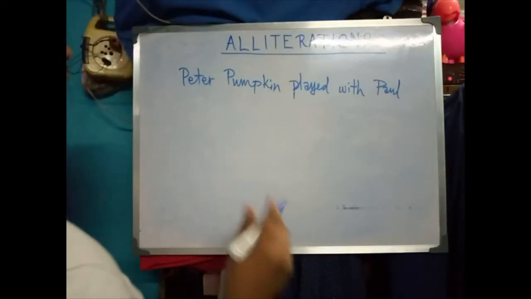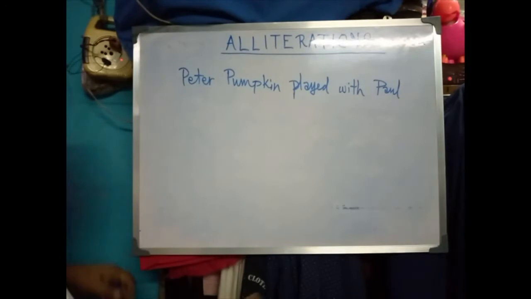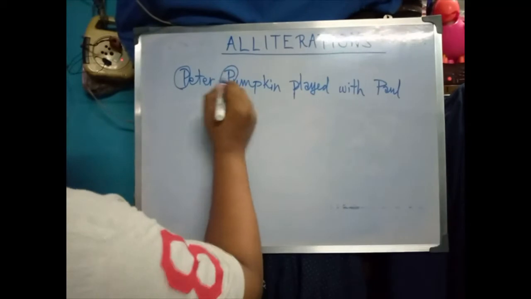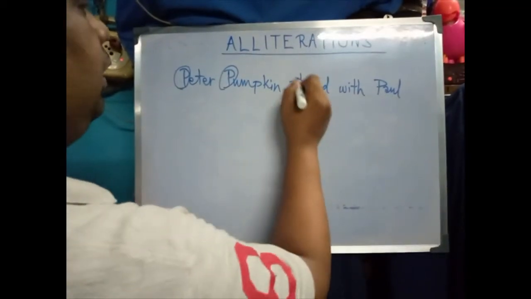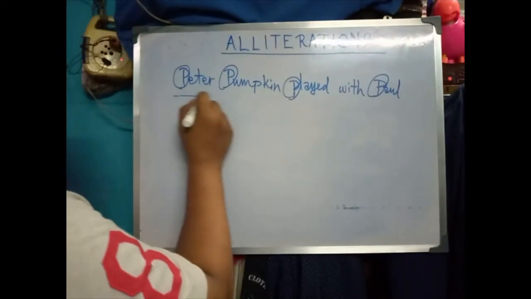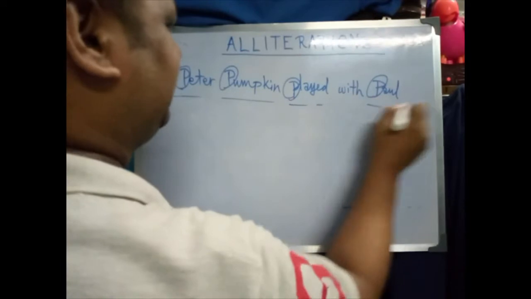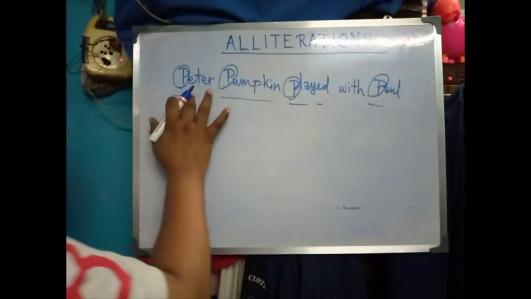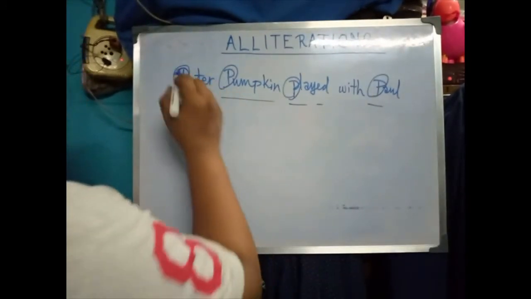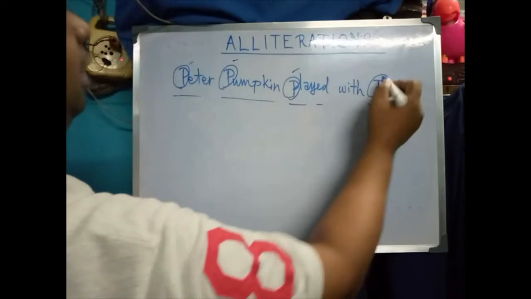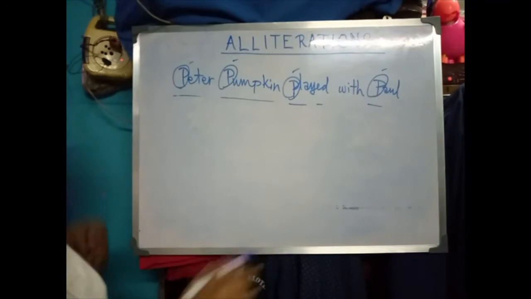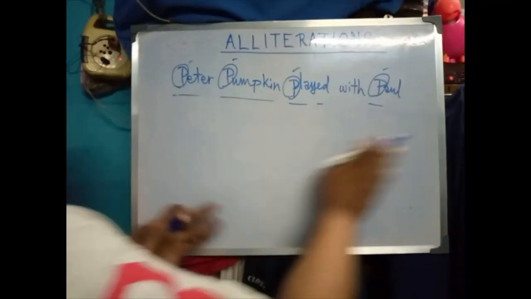You can observe here: in Peter, P; then Pumpkin, P; then played, P; and then Paul, P. All these have been repeating. Repetition is taking place line by line. Here the phonic sound P is repeated again and again in this sentence. So this is an example of alliteration.